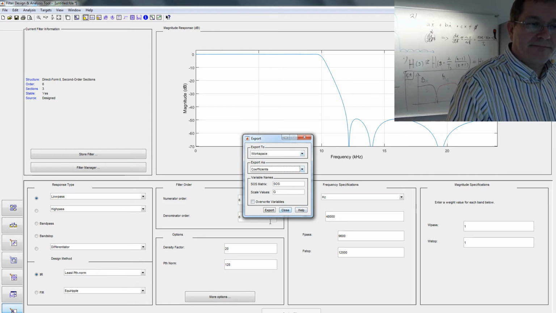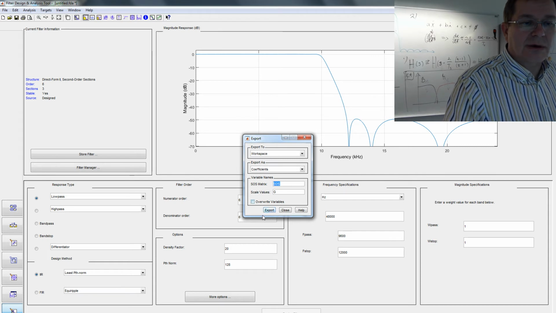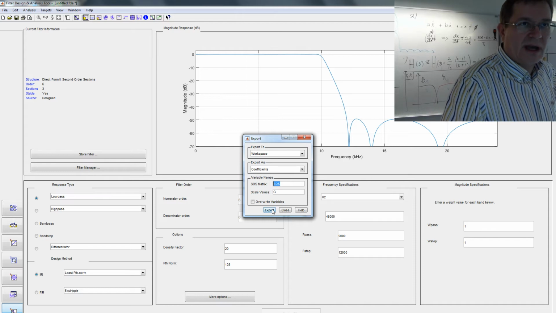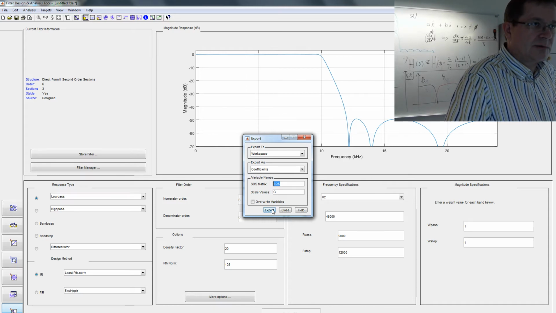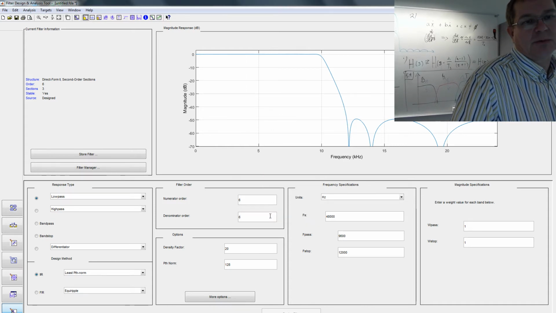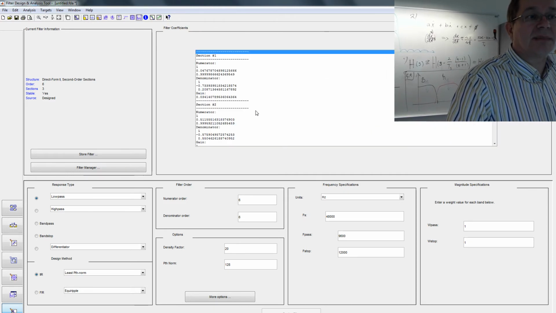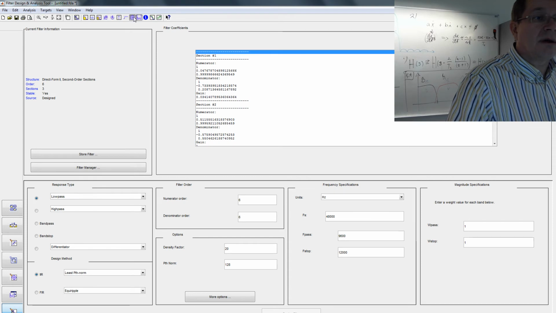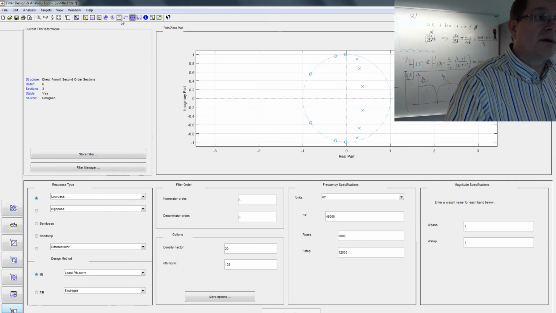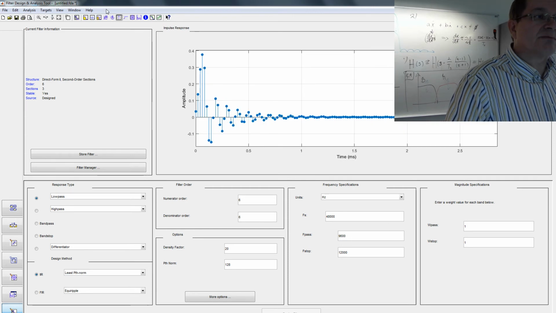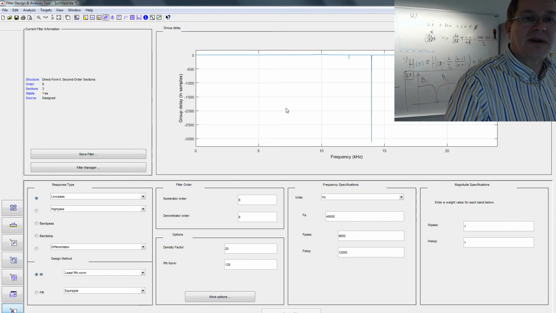Right now it goes there as a second order system matrix. We haven't gone through that one yet. It will be next week. But anyways, you can get the parameters. You can take a look at the parameters here: zeros and poles, step response, impulse response, group delay. Everything is here.